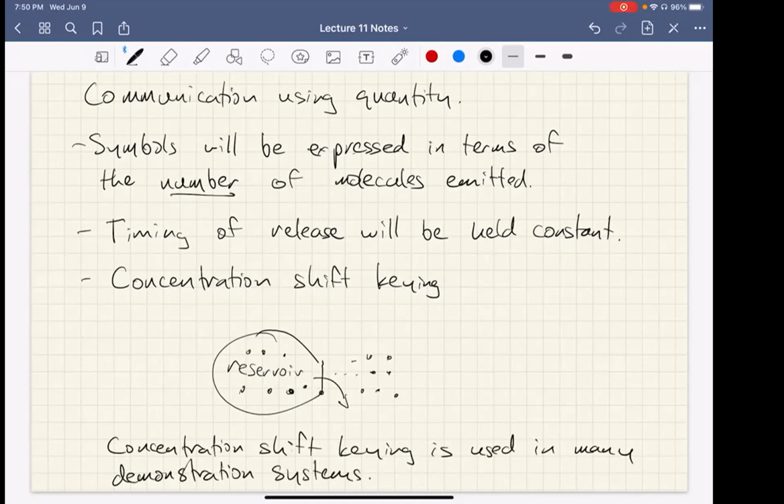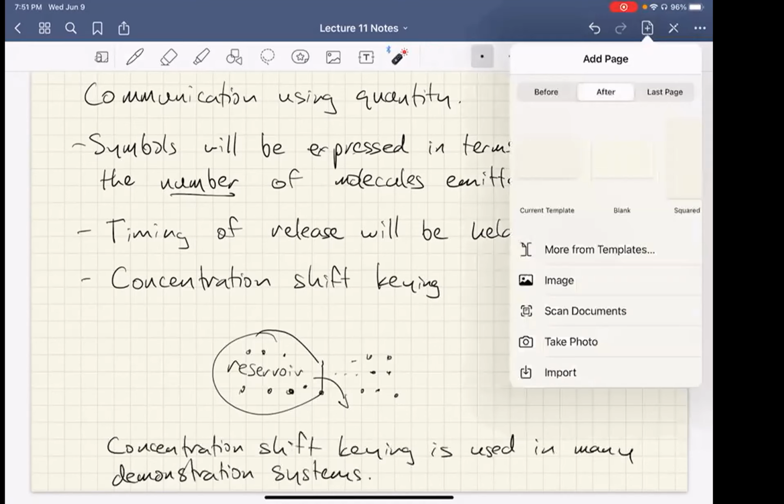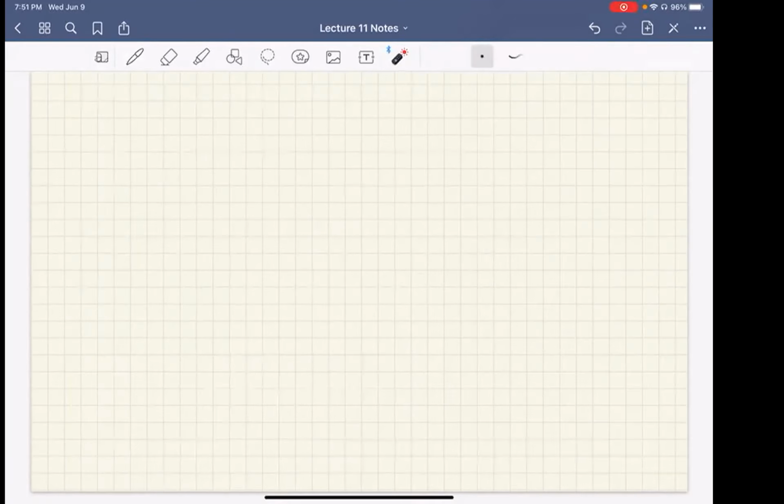We'll talk a little bit about those demonstration systems at the end of the course, but this is basically because it's difficult to control exactly the number of molecules being released, but it's relatively easy to open a door or activate a spray that releases a random number of molecules and changes the concentration. So the techniques we're talking about are related to that, even if they're a little more refined than some of those methods.